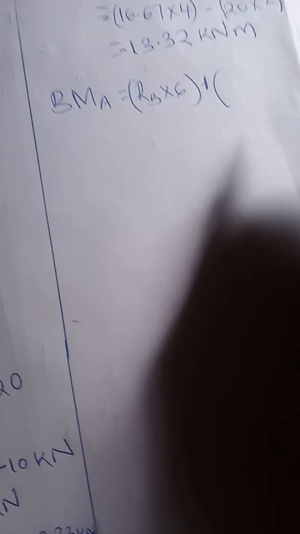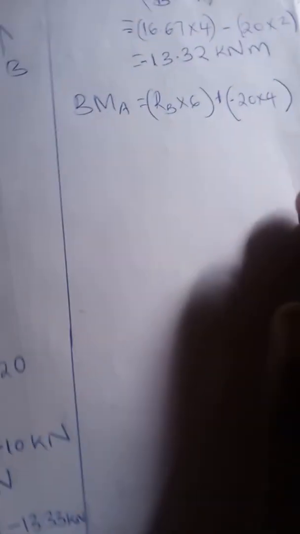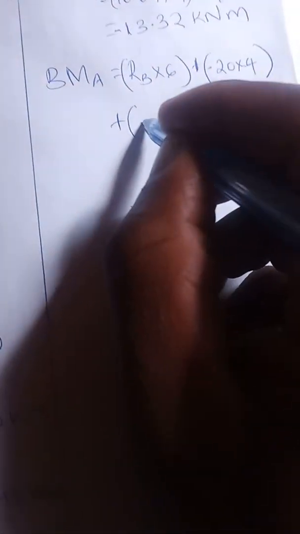The bending moment at A will be equal to RB times 6, plus negative 20 times 4, plus negative 10 times 2.